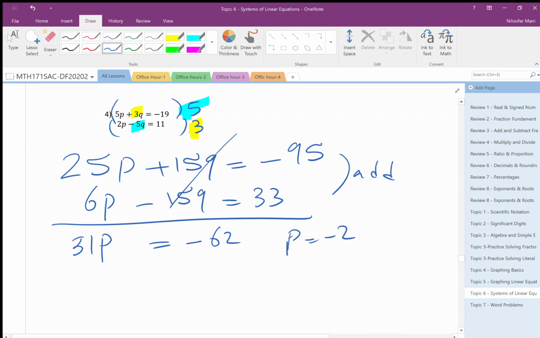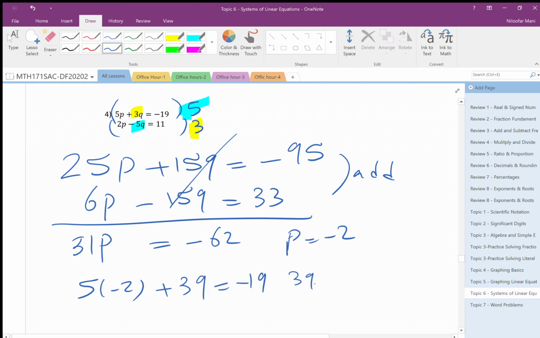P is -2, and then you substitute, it doesn't matter which one. So it is 5 times -2 plus 3q equals -19.